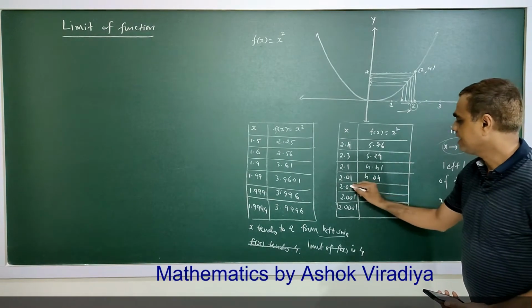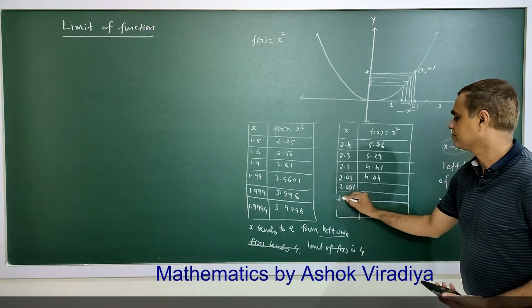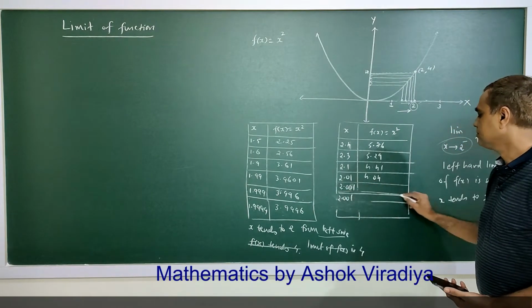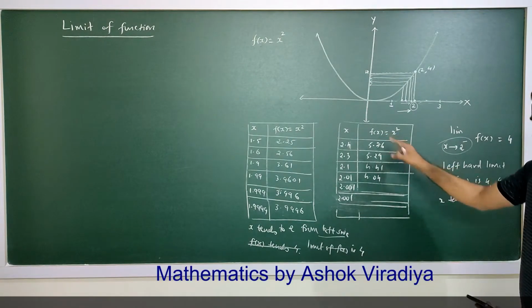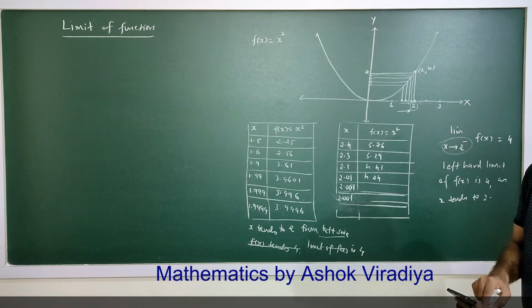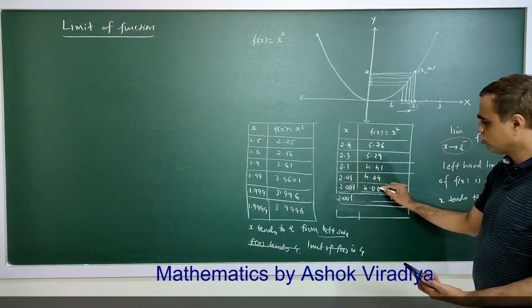Now 2.001. Here we add one more 0. Putting here 2.001, 2.001 into 2.001 is 4.004.